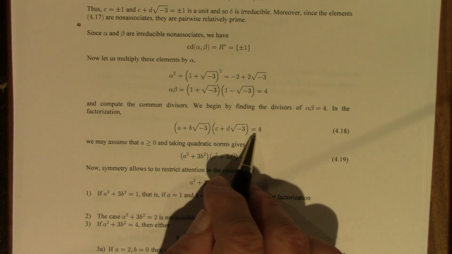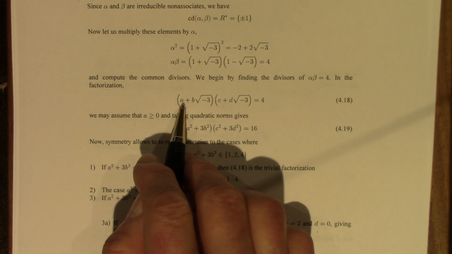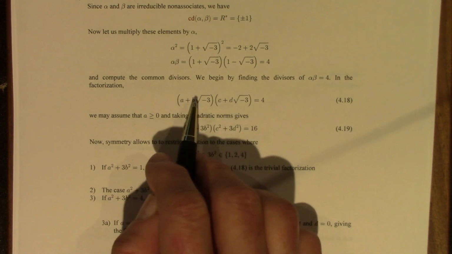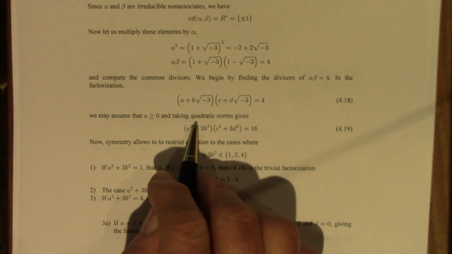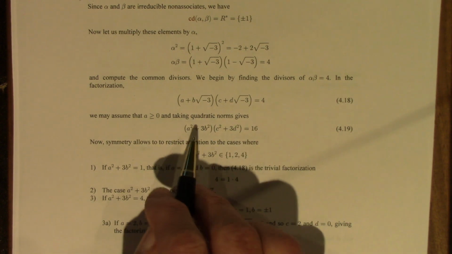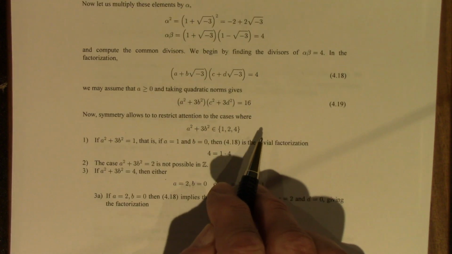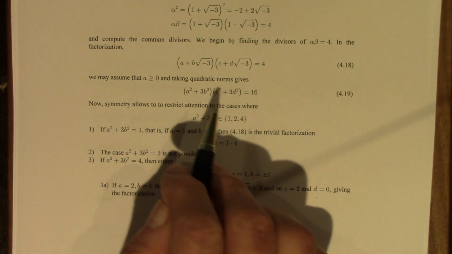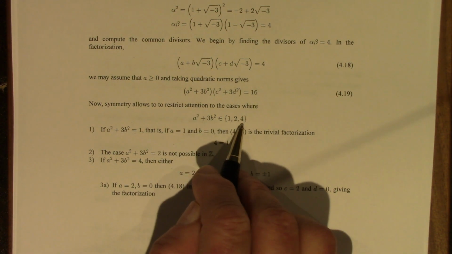So we write this equation, and we can assume that a is non-negative because for factorizations where it's negative, we can move the negative sign to the other factor. So this doesn't lose any generality. Taking quadratic norms gives this, and symmetry now allows us to restrict attention to the cases where this factor is either 1, 2, or 4.